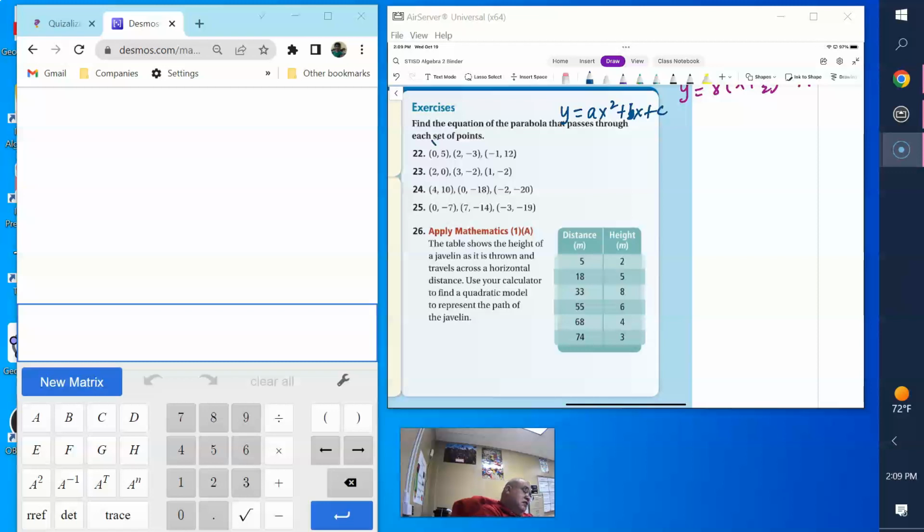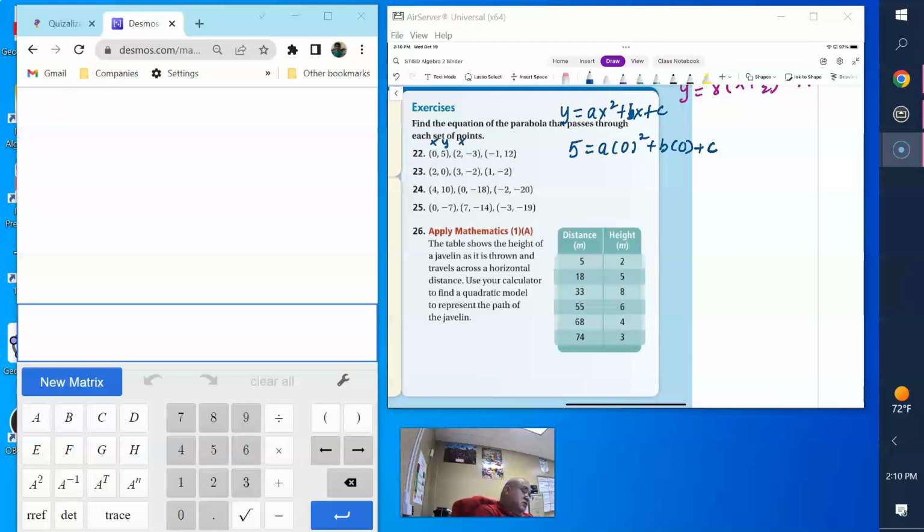Remember that x is equal to 0 and y is equal to 5, so you're going to write down 5 is equal to a times 0 squared plus b times 0 plus c, since the x value is equal to 0. Now we're going to use the second ordered pair.